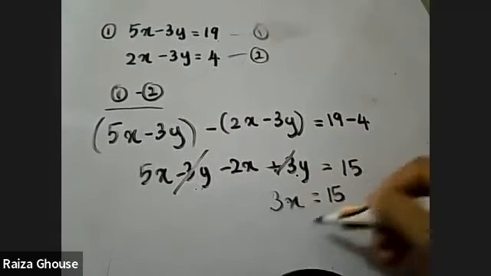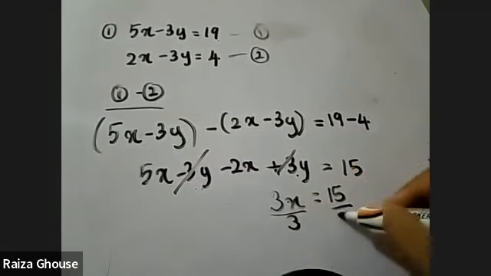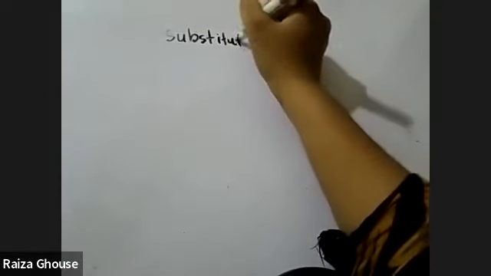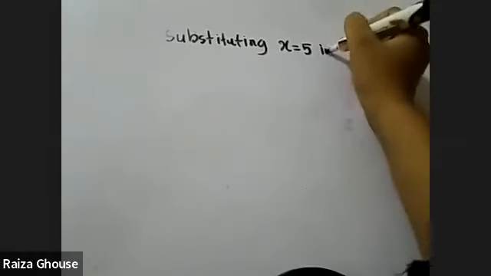So this is what we learned in last week's session. 3x equal 15 means 1x is equal to how much? 5. Now what do you have to do? You have to substitute. You can write down substituting. You should write this, okay? Substituting x equal 5 in any equation.